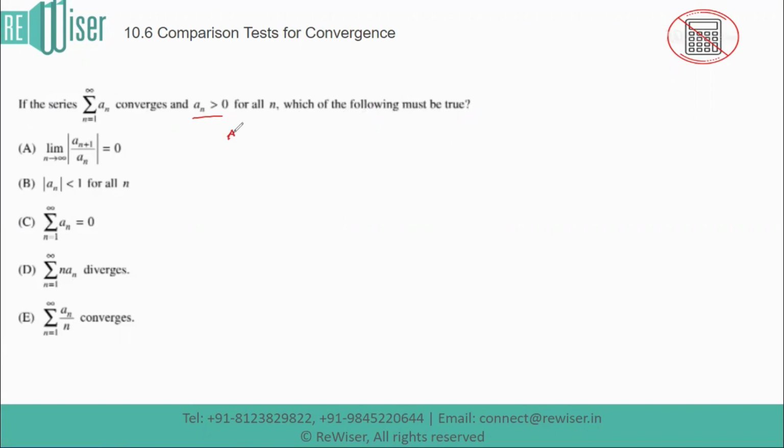If I talk about option A, we are talking about the limit as n tends to infinity of a_(n+1) over a_n. This is basically a ratio test. The ratio test tells us that the limit as n tends to infinity of the absolute value of a_(n+1) divided by a_n must be less than 1 in order to converge.